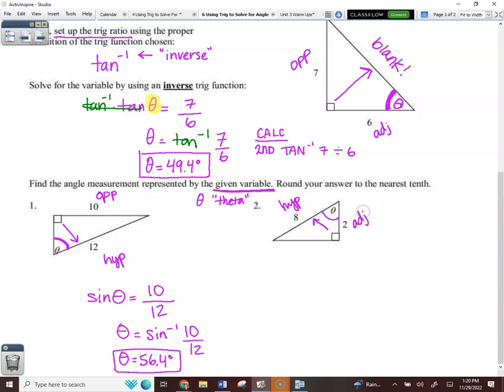So which trig function is this? Cosine. So cosine theta equals, what's the fraction? So what am I typing in the calculator? Second cosine.